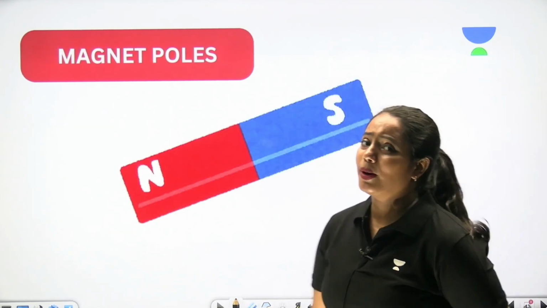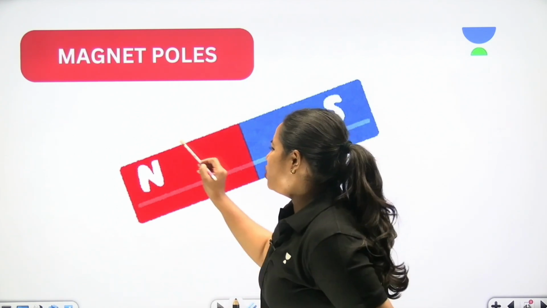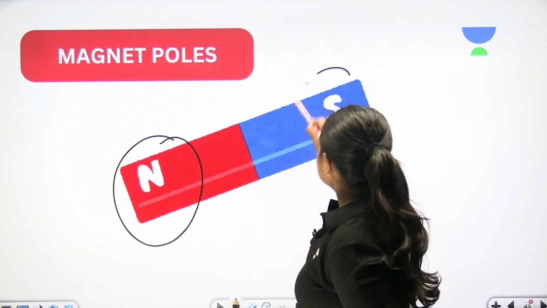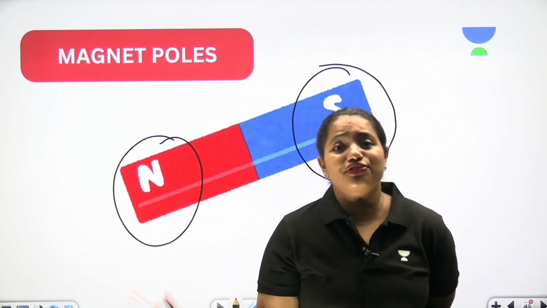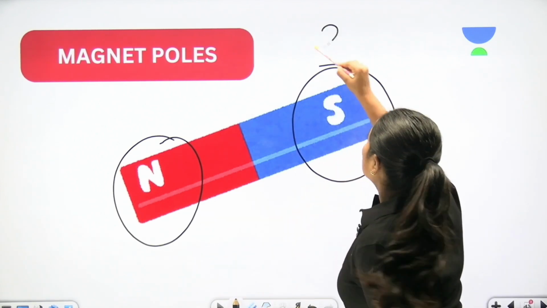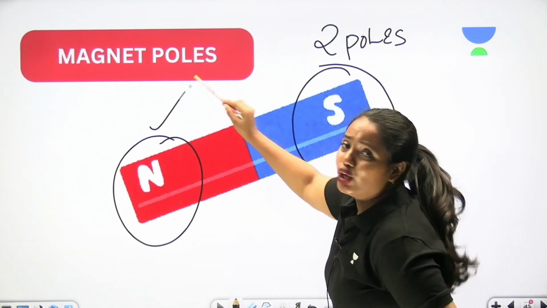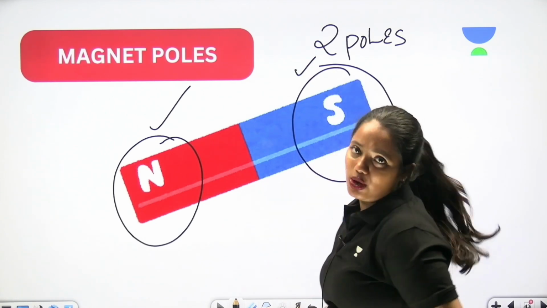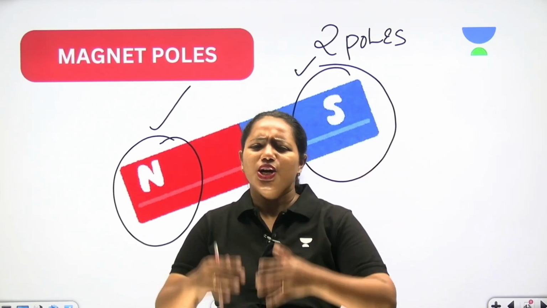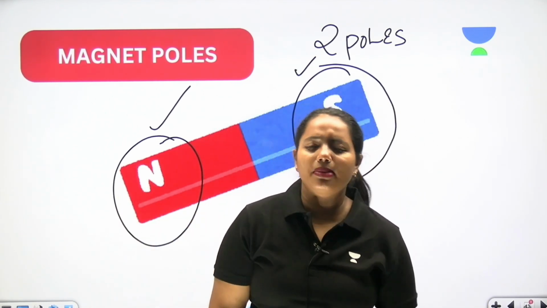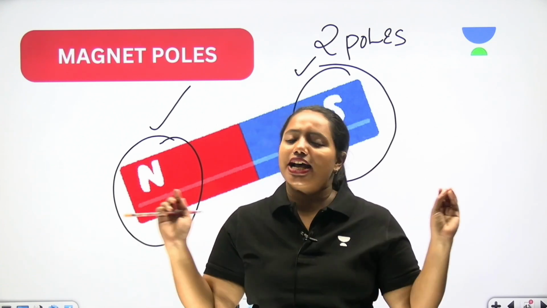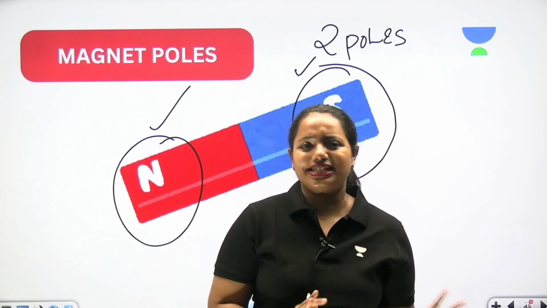Next one, it's all about magnetic poles. So what are magnetic poles? If you consider any kind of magnet, it has two poles. And what are these poles? A north pole and a south pole. If you take any kind of magnet, whether it is a horseshoe magnet or a cylindrical magnet or a ring magnet, it has two poles, north pole and south pole.